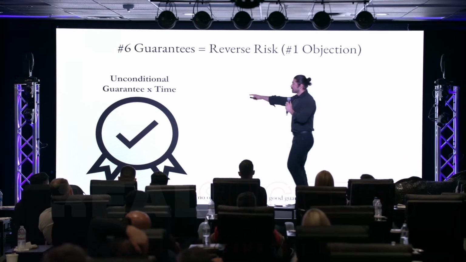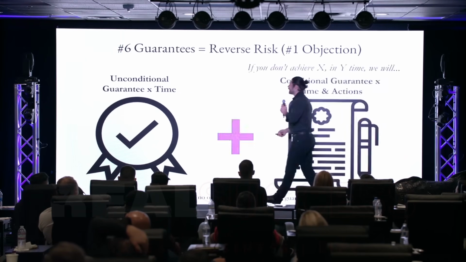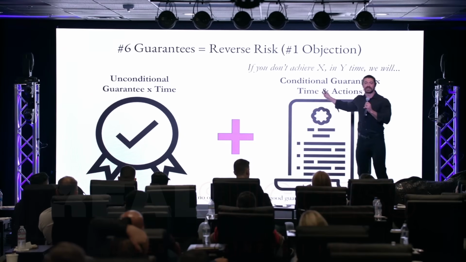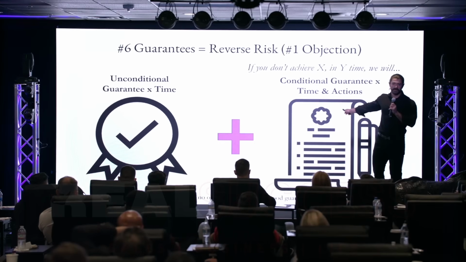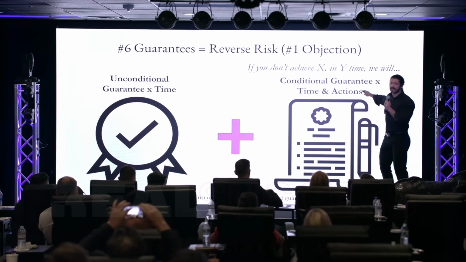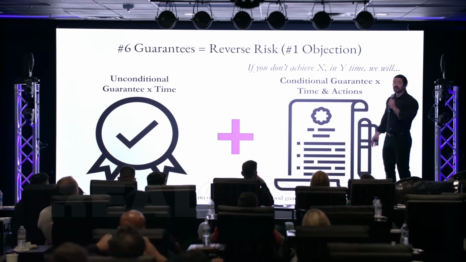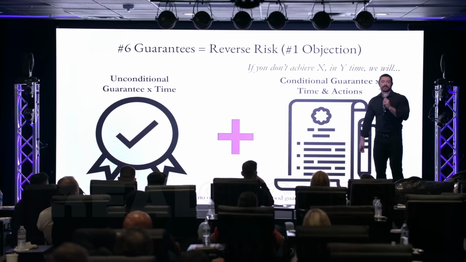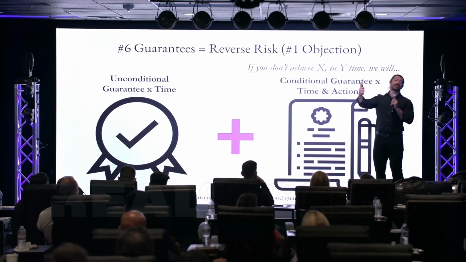Here's what's cool. You can have an unconditional guarantee that's based on one timeline, and then you can have a conditional guarantee that's based on another timeline. So it's like, not only that, and this is the one that you make crazy, all right? You say, hey, not only that, if you don't make 10 grand using my software in the first 60 days, I'll give you 10 grand, because that's how I know how good it is. But you gotta show up to every one of the calls that we have.